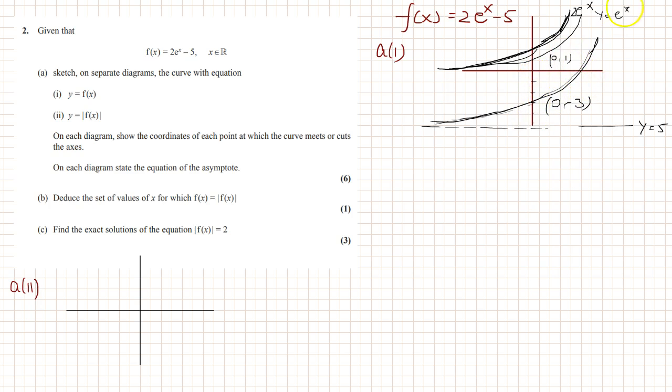And this coordinate is, if we put y is equal to 0, so e to the power x will be 5 over 2, so x will be ln 5 over 2. So this coordinate is ln 5 over 2 and 0. So these are the coordinates, this is the asymptote, and this is the intersecting points.